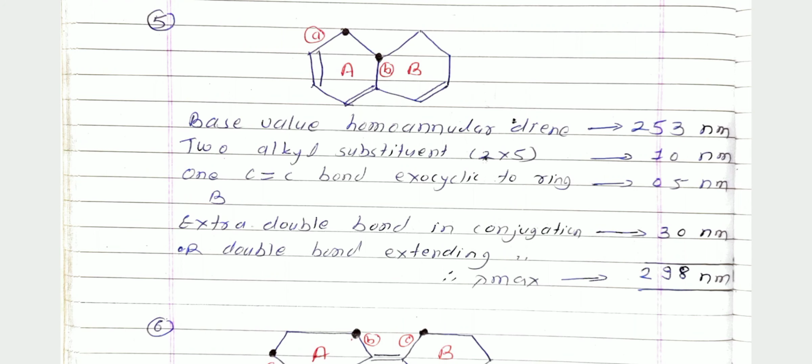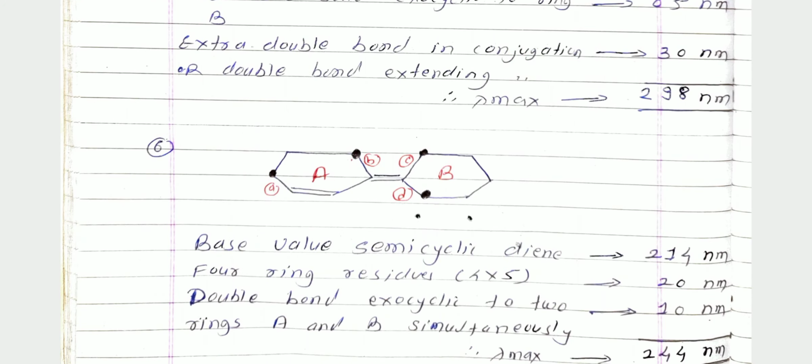And the last example for calculating lambda max value, example number 6. You see this structure. This structure is the example of again semicyclic diene. Semi means one double bond is present in a ring and another double bond is outside the ring. But in this structure, this double bond is outside.